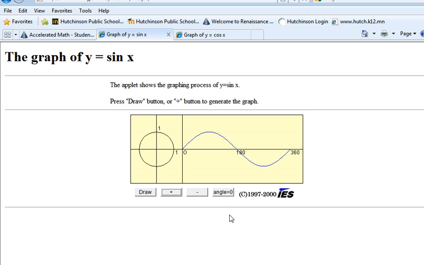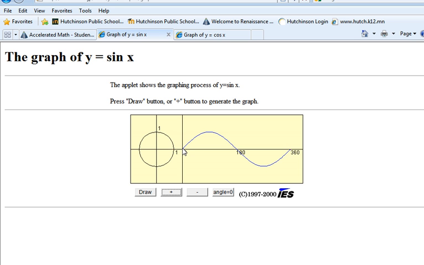What I want you to notice is that it repeats every time you make a trip around the circle. So it has what's called a period, and we'll talk about that in a minute, but it has a period of 2 pi. If you look at the domain, there is no value that I cannot plug in.